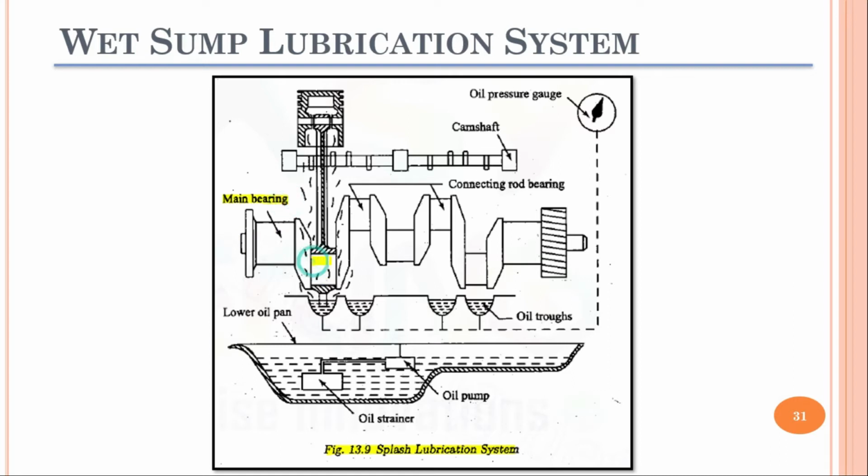Here we will have the big end bearing, and this is our small end bearing. These are the camshaft and the connecting rod. These are our connecting rod bearings. In this diagram there is only one piston shown on the crankshaft. However, from the figure we can see that we may have more pistons here as well.